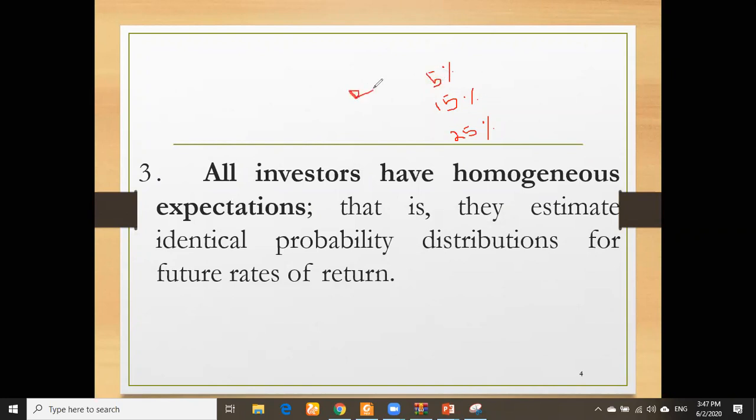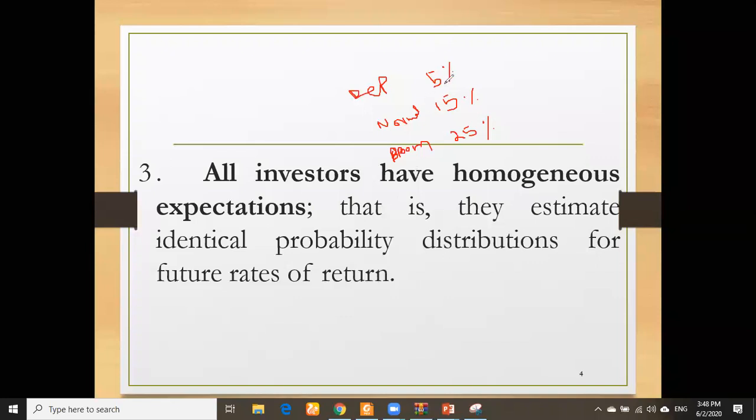So this is in an economic depression. For example, if the economy is in depression, we will be able to earn at least 5% on this security. If things are normal, we will be able to earn 15%. And if things are optimal, we say boom, if there is a boom in the economy, we will be able to earn a maximum of 25%. These were three different scenarios we tried to understand in chapter number 1.